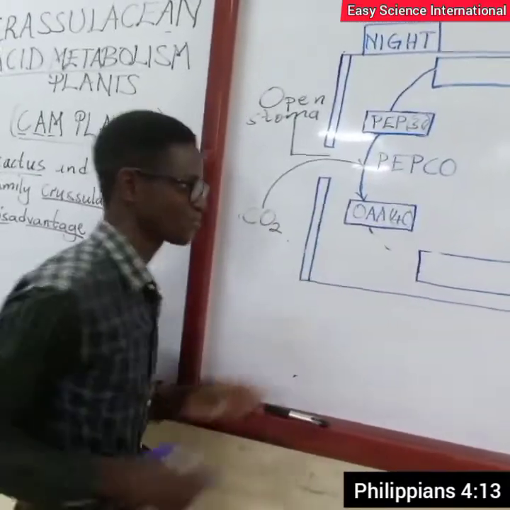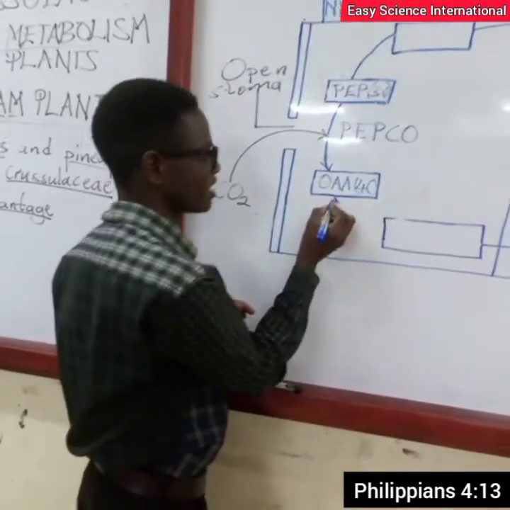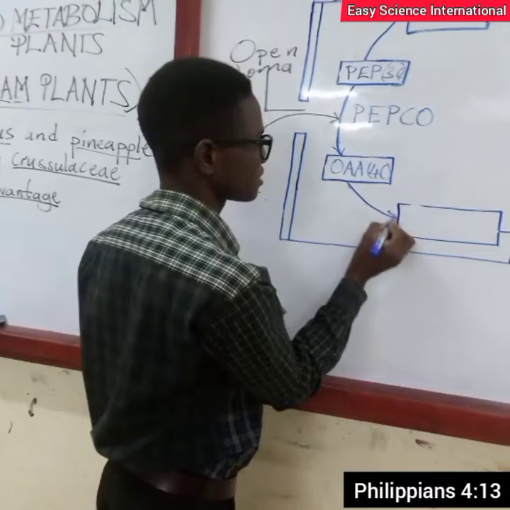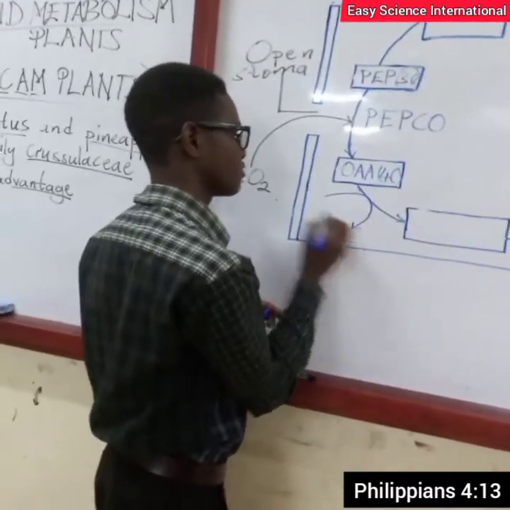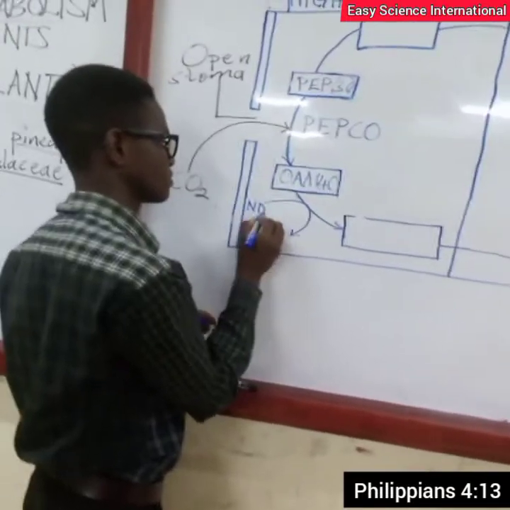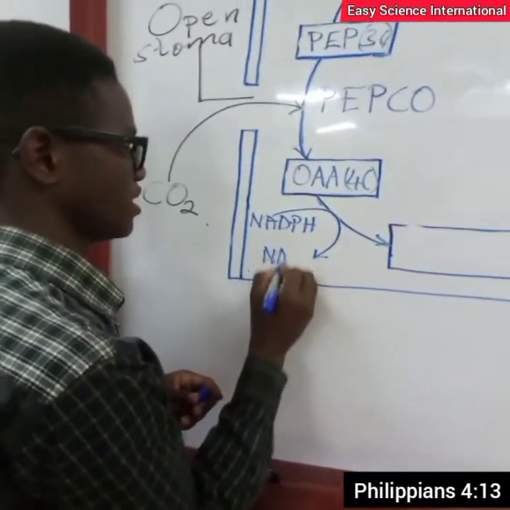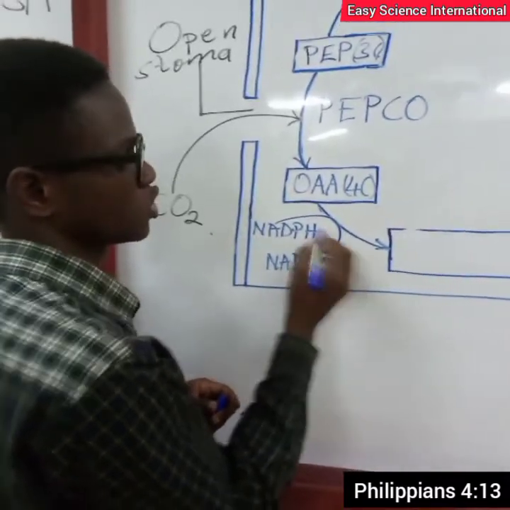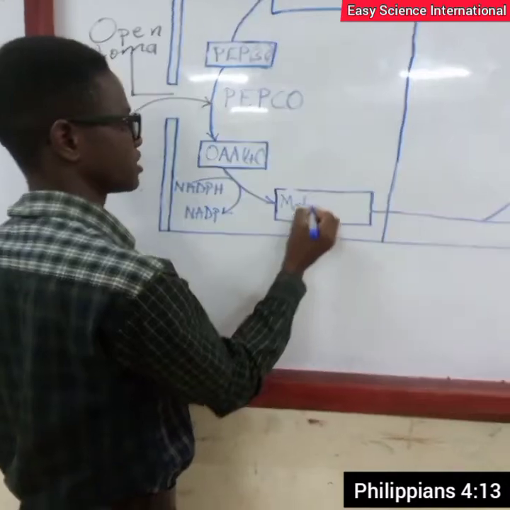This oxaloacetic acid is then reduced using hydrogen from NADPH to form for us what we call malic acid or malate.